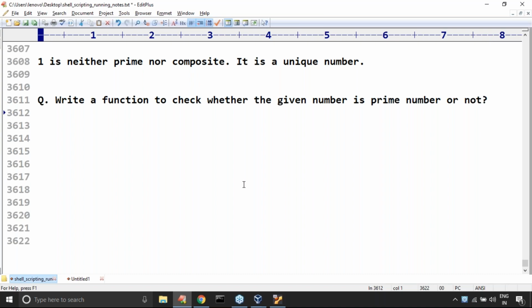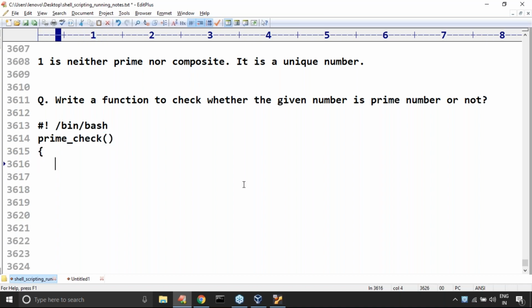I have to test it. What I will do here is very simple. My requirement is #!/bin/bash. Now let me write a function, prime check, or prime test, like this I'm taking.